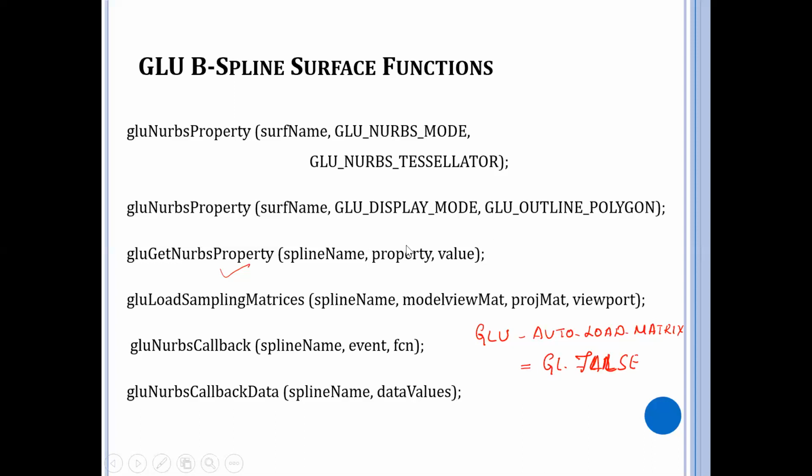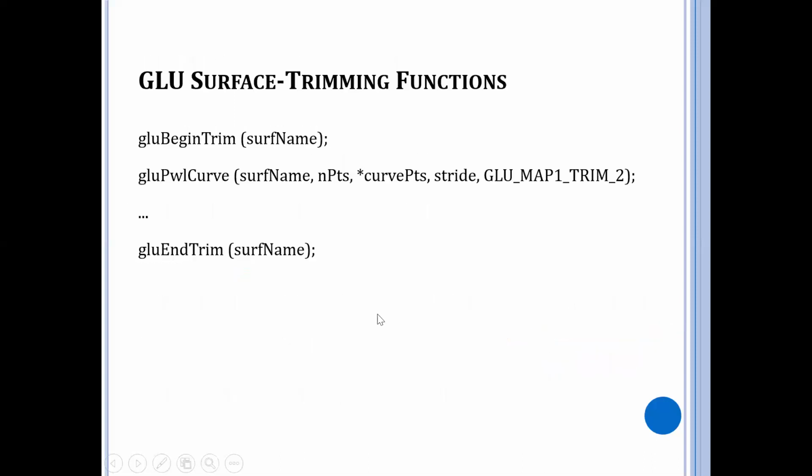Then to determine the current value, I make use of the query function get NURBS property. If my GLU_AUTO_LOAD_MATRIX is set to GL_FALSE, then I use the load sampling matrix. Various events associated with the spline objects can be processed using the callback function. Finally, the data values for the callback function are supplied by the callback data function.